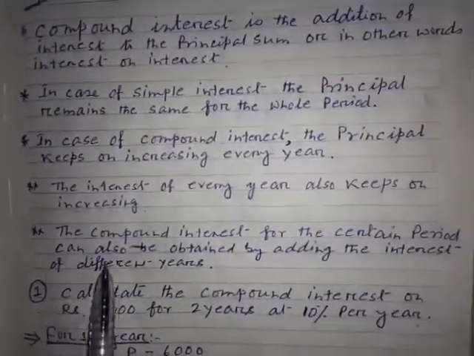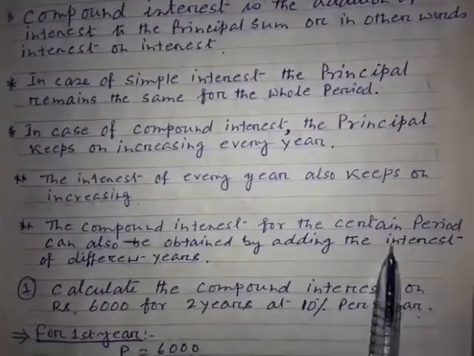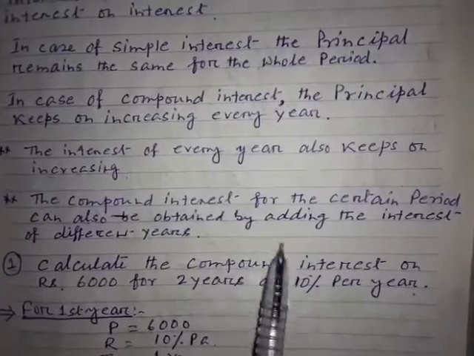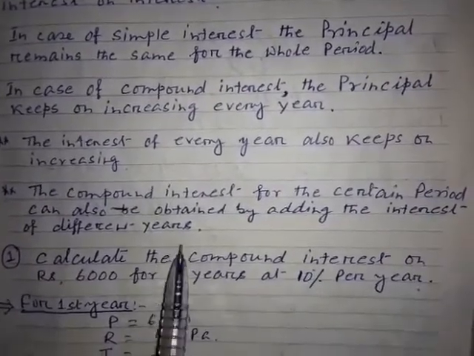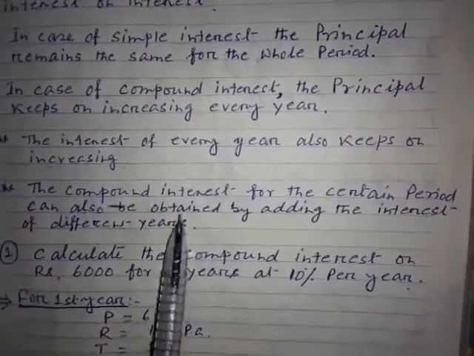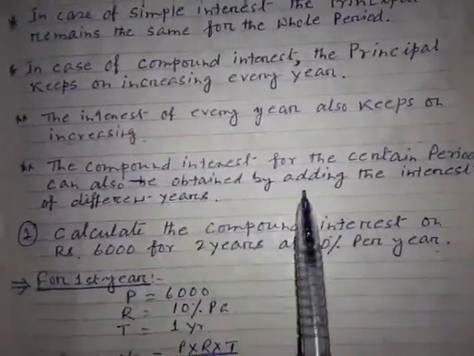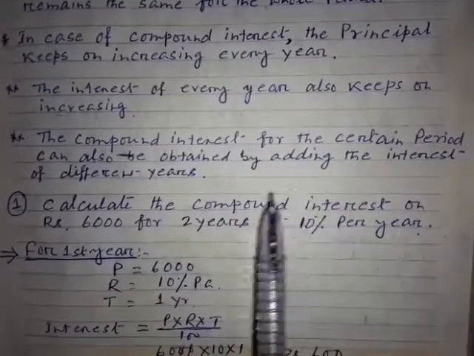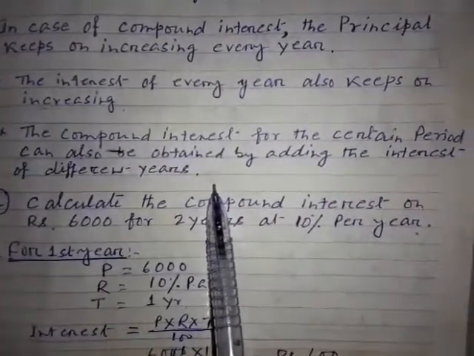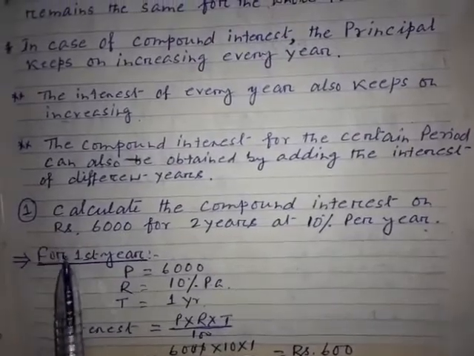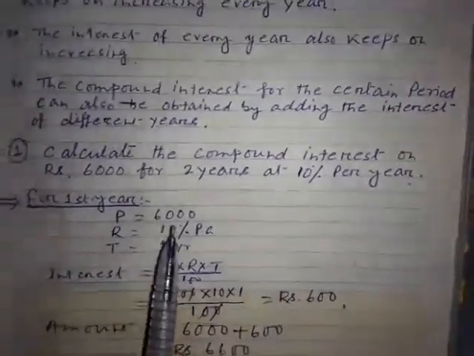And next point, the compound interest for a certain period can also be obtained by adding the interest of the different years. All those things I'll explain when I solve. Just remember this point.